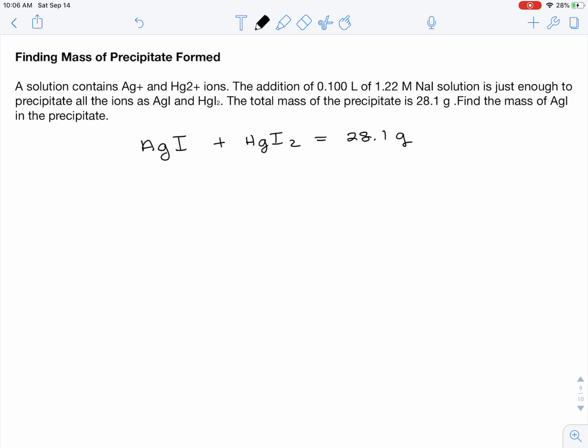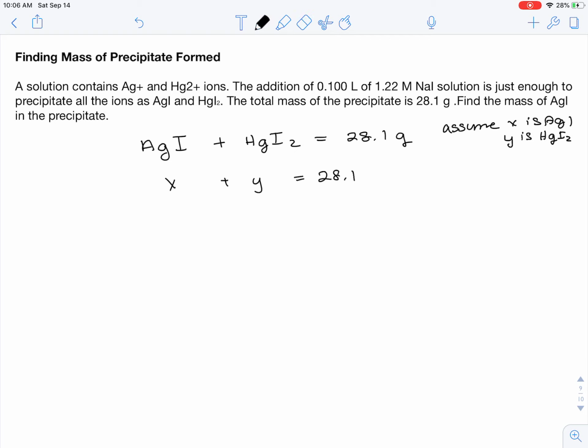I can find the molar masses of both, so I'm just immediately going to assume X is silver iodide and Y is mercury 2 iodide. So X plus Y is equal to 28.1.